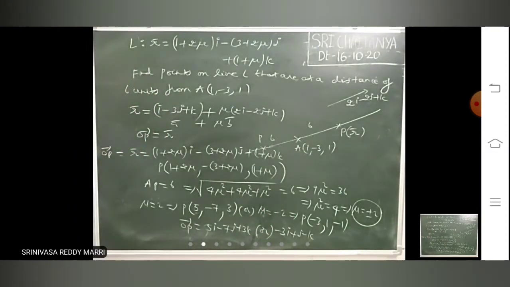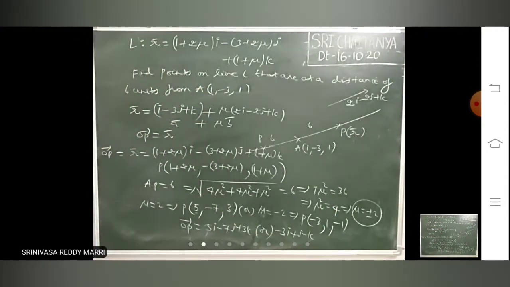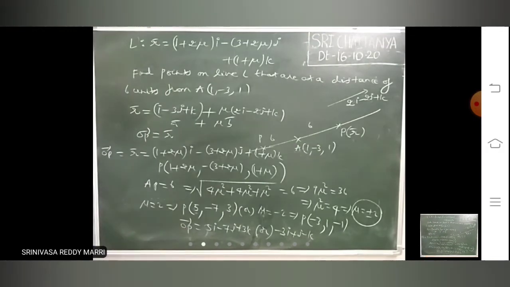Like that, for any point on the line, take R bar and use the given condition that the distance is 6 to find μ. If you calculate μ, you will get that point. So this is the line concept.